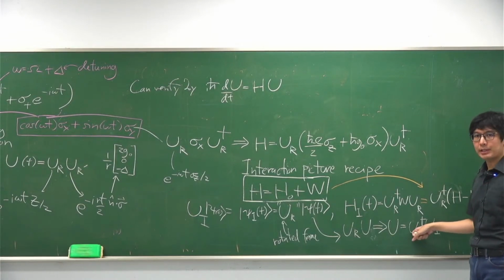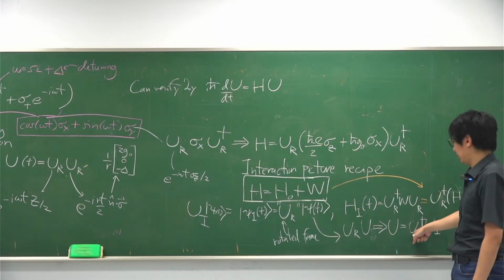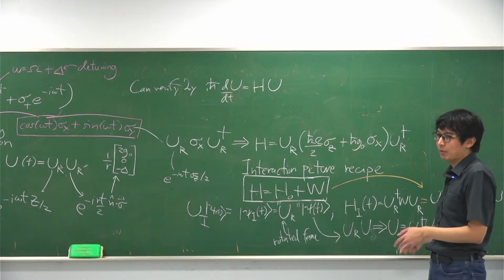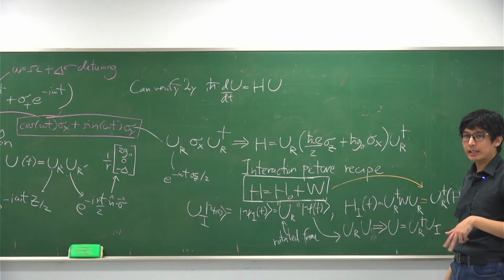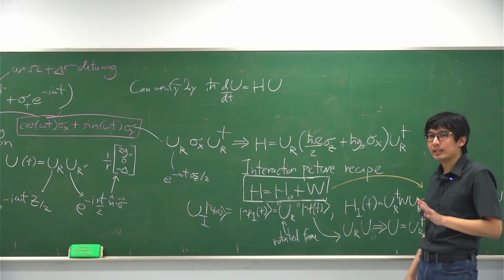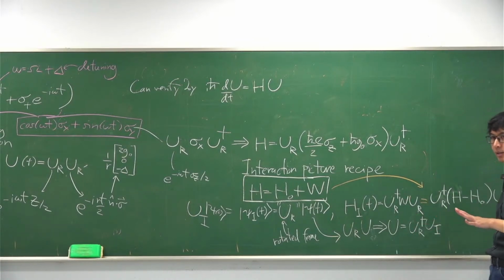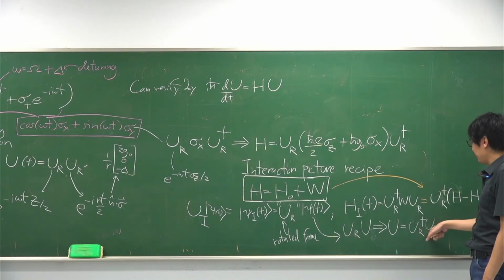U_R is already how we, whatever the initial rotated frame is that we are moving into. So then the rest would be to find U_I.